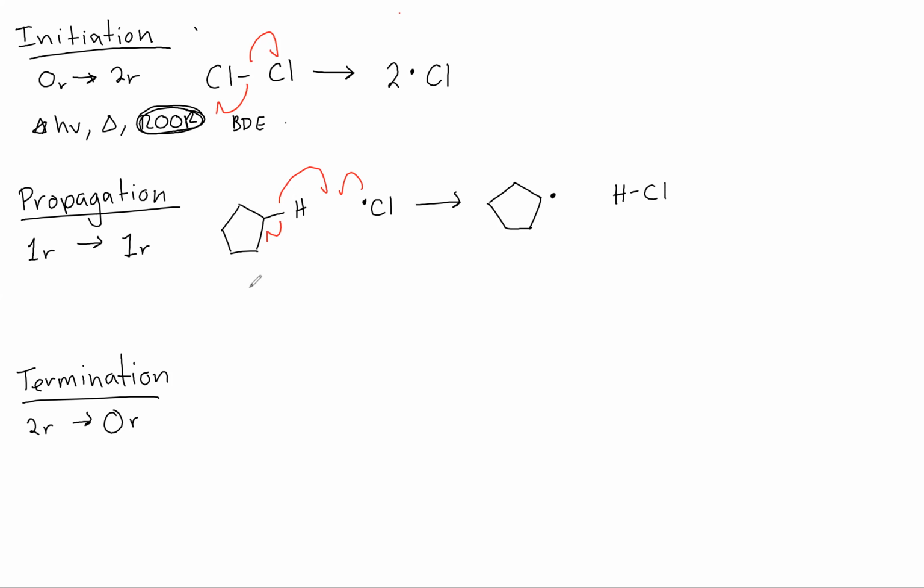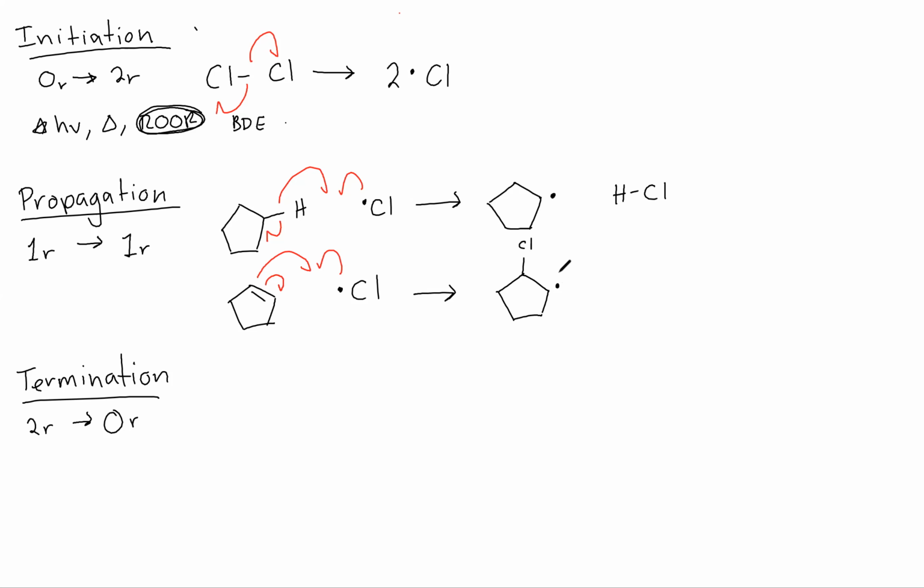Another example of propagation, you're not going to see chlorine doing this very often. You're more likely to see bromine doing this, but I'm just going to do it with chlorine to keep things consistent. But you can see it done with a double bond here, where the double bond meets chlorine in the middle, and then the other electron from that double bond goes onto the other carbon, and we end up with a new chlorine bond right here and a new radical right here.